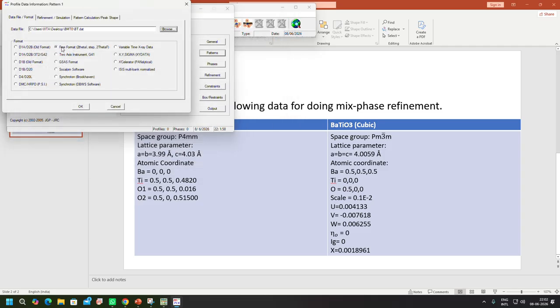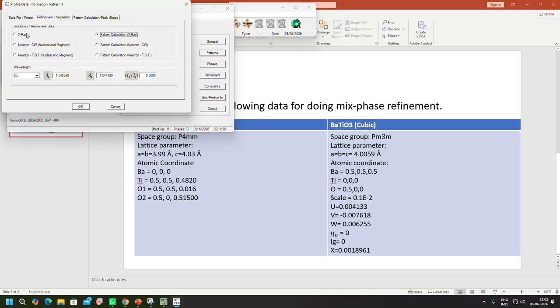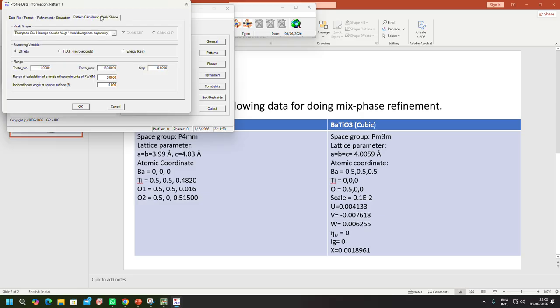Now here you choose free format, 2 theta step size and 2 theta final. Then we go to the X-ray, then pattern. Here you choose pseudo-Voigt. After choosing the peak shape as pseudo-Voigt, you go to the theta minimum.